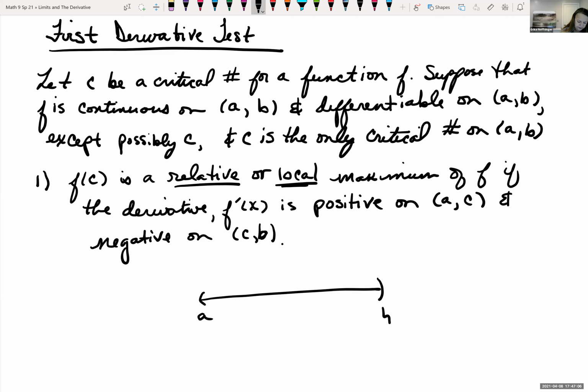Here's our B value. We have some critical number that's falling in between, just one. And it tells me that my f prime, my derivative, is positive on AC, which means that it's increasing on AC. And then my derivative is negative on CB. That means it's decreasing. It's defined at this value.